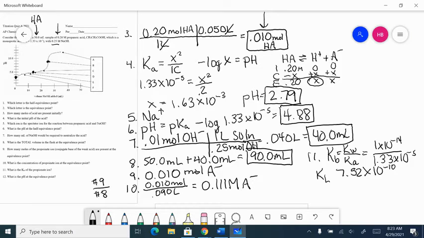That is the KB for the conjugate base of the weak acid.